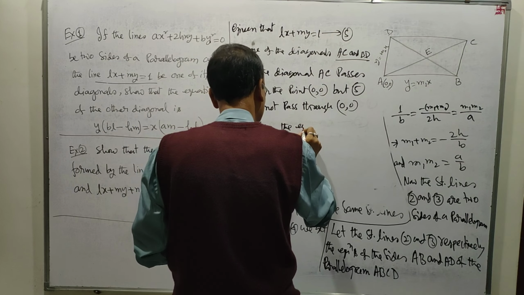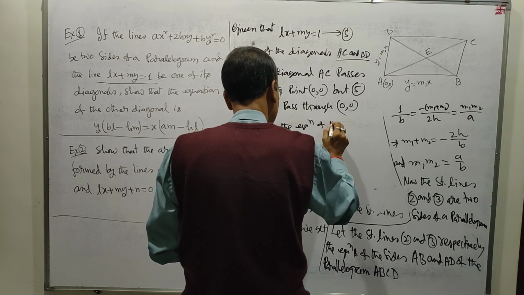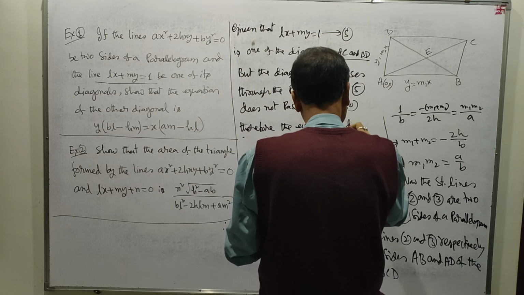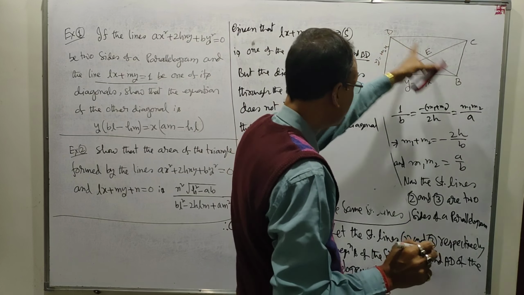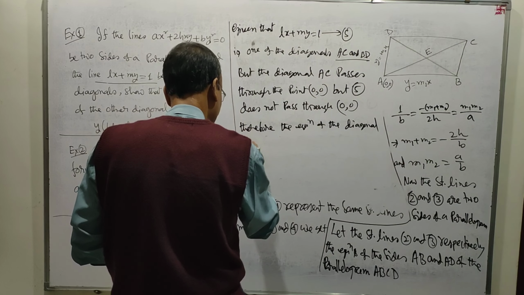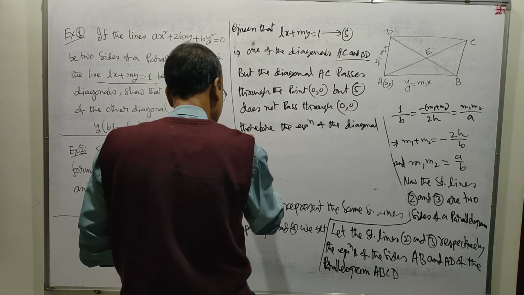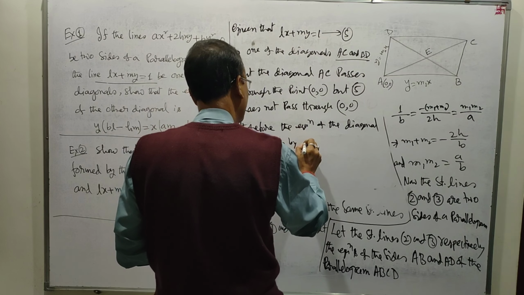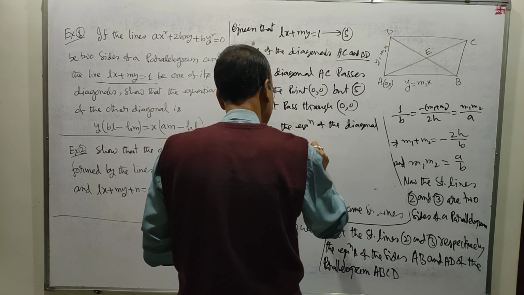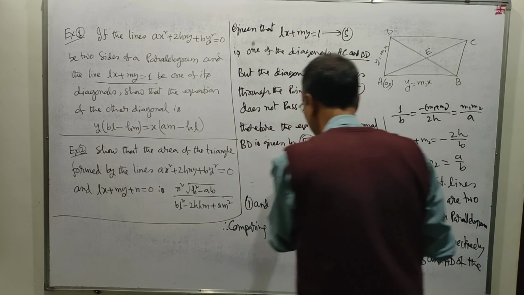Therefore, the equation of the diagonal, it is not AC. BD is given by 5.